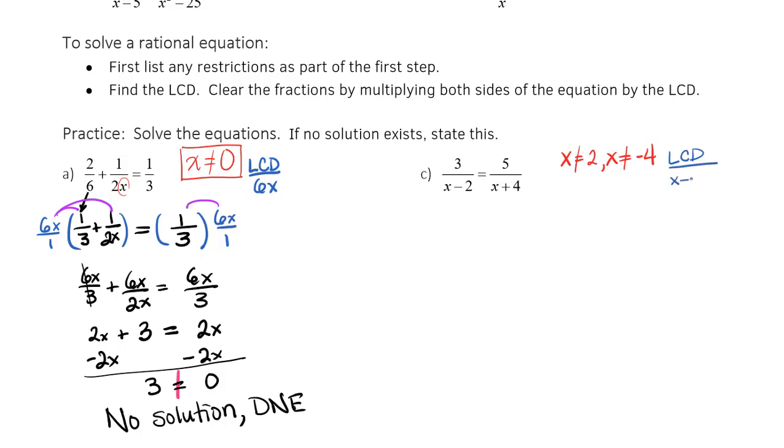My LCD is x - 2 as a factor and x + 4 as a factor. That's what I will use to multiply both sides of my equation. When I multiply by the LCD, x - 2 and x + 4, on both sides.